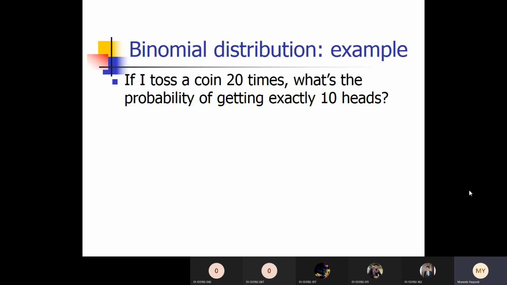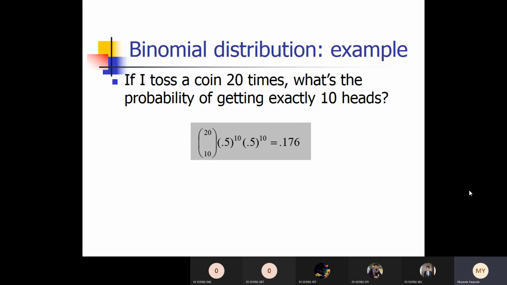Because the number of trials is represented by n, it is 20, while for a coin the probability of success is 1 by 2, and the probability of failure is 1 minus half, that is 1 by 2 as well. Now for probability of capital X equals 10, we will write 20C10 p power 10 into q power 20 minus 10, that is 10 as well. So very simple, we can easily compute this probability.